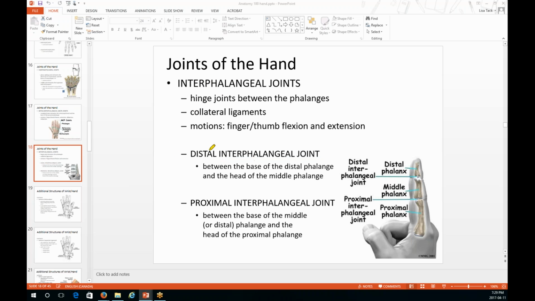Distal interphalangeal is your DIP, and proximal interphalangeal is your PIP. And you can see them in the picture here. So it's where the base and the head of phalanges meet.